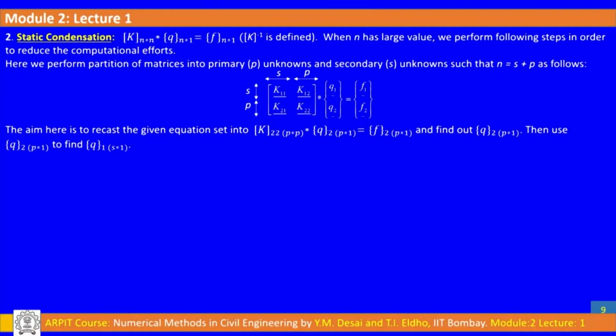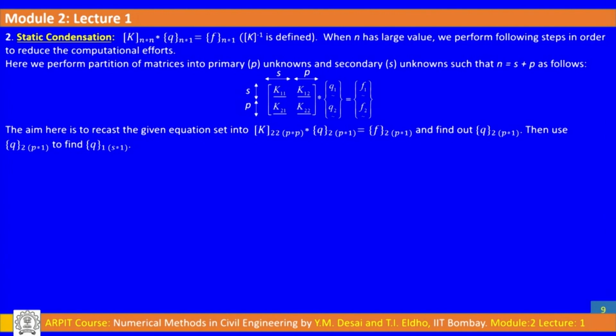So, in that context, now we talk about the concept of static condensation. The idea is we would like to reduce the number of unknowns without introducing any additional approximation into our system.